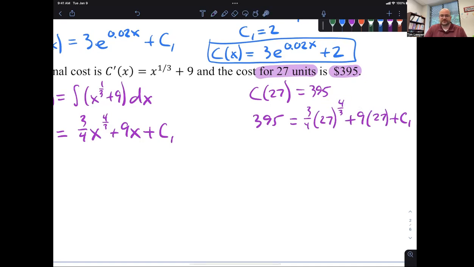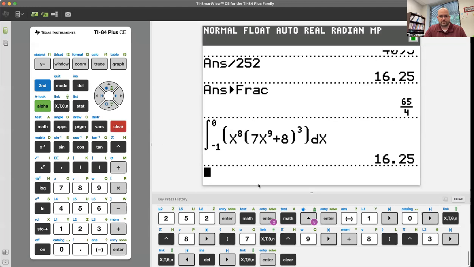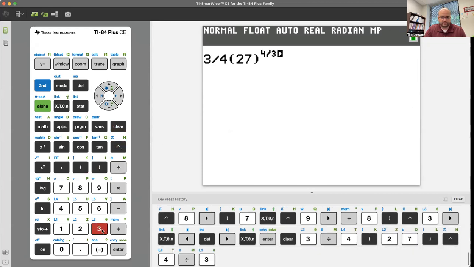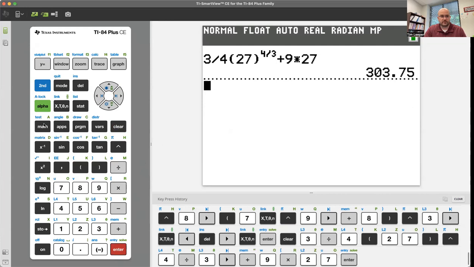I'm not going to be able to do this in my head, so I'm going to go ahead and just go to the calculator here. So in the calculator, we'll type in 3/4 times 27 to the 4/3 power plus 9 times 27. And then there you go, 303.75.